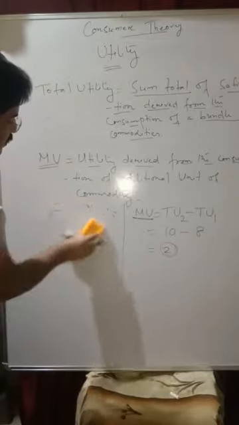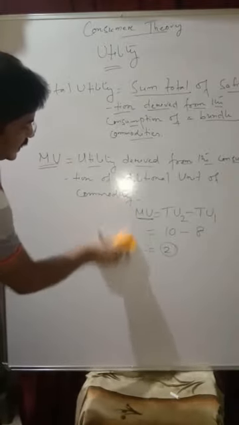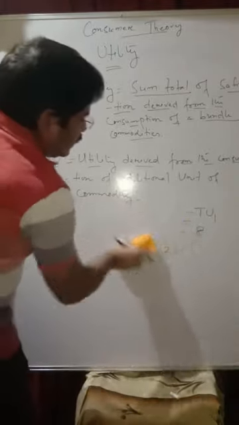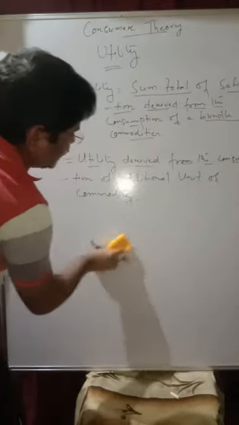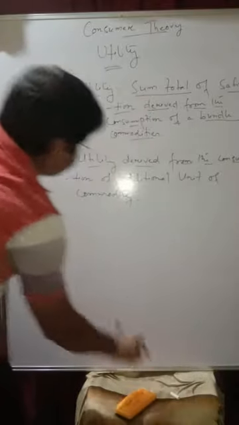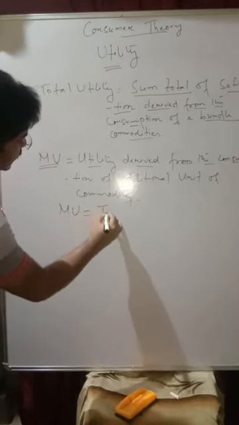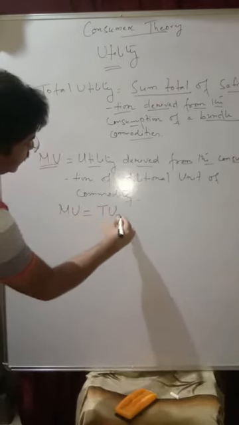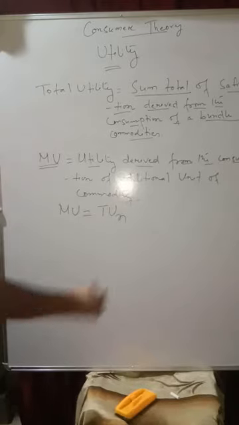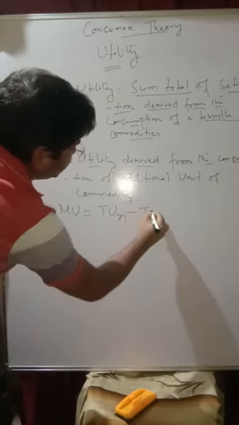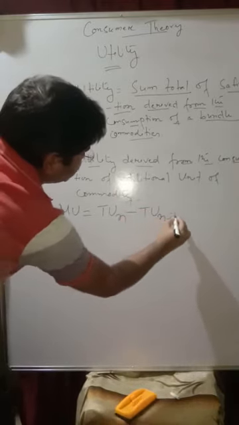Now in another way, you can write marginal utility. So marginal utility is equal to the total utility from the nth unit minus the total utility from the (n minus 1)th unit.